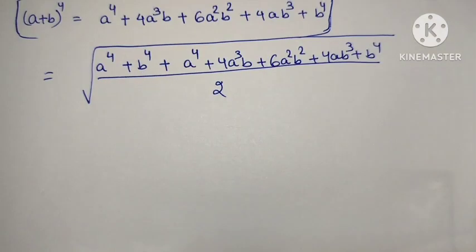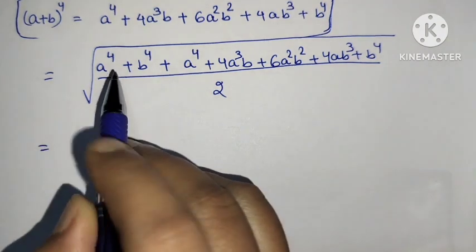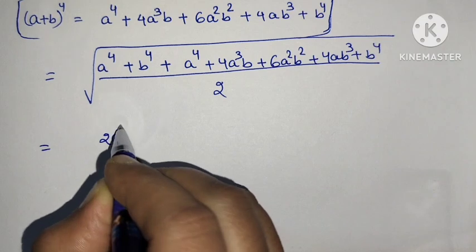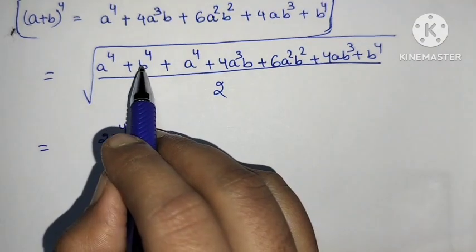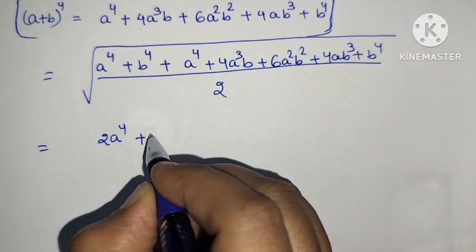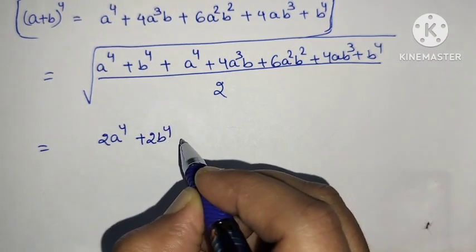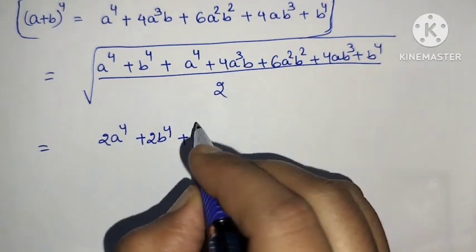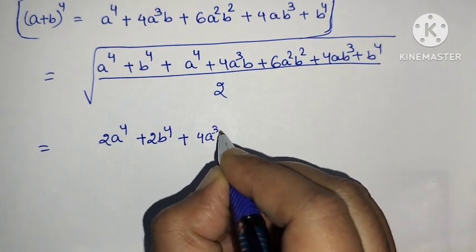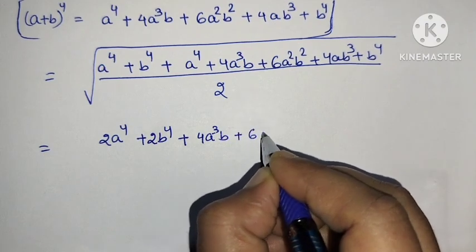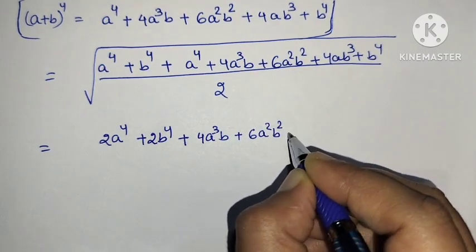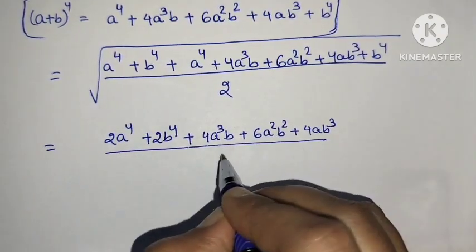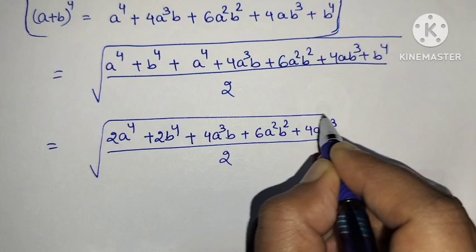Yes, A^4 plus A^4 is 2A^4, plus B^4 plus B^4 is 2B^4, plus 4A cube B plus 6A square B square plus 4AB cube, divided by 2 root over.